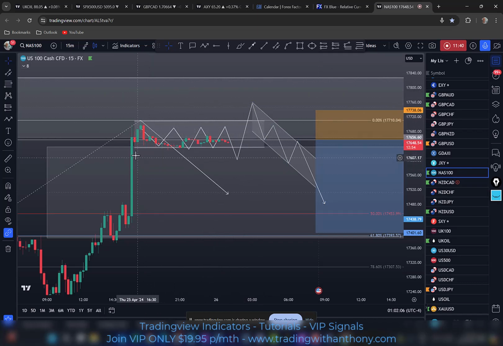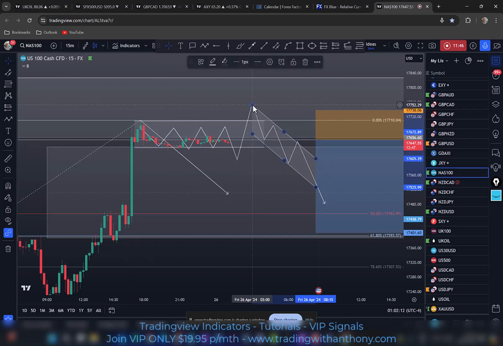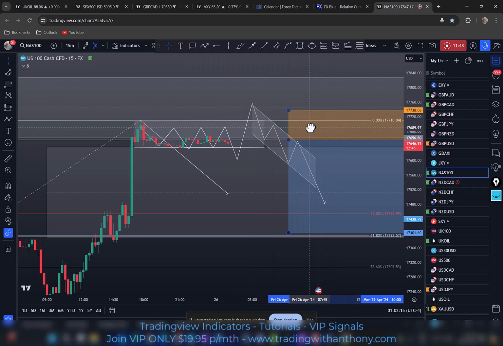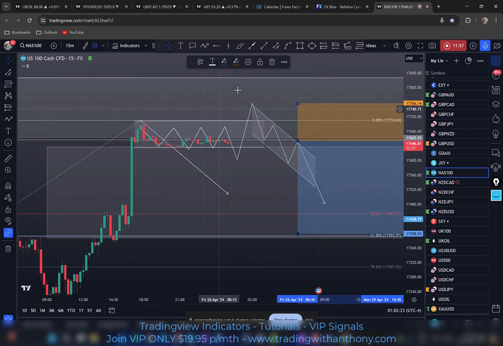But I am interested, especially look at this thin candle. Now on this time frame, if we get something like this going on, then that could be an entry point. The stop loss goes above the high. Target one is going to have to be these lows down in here.